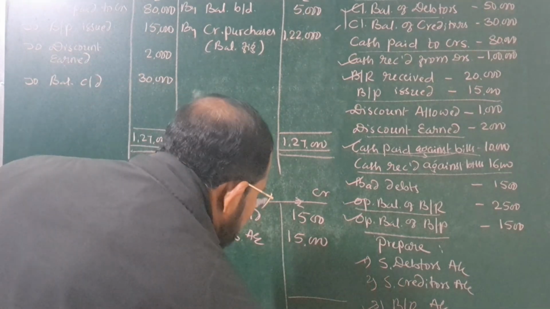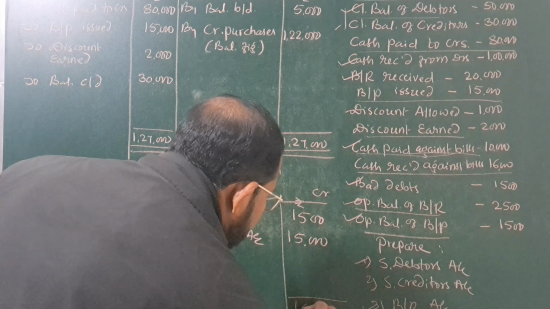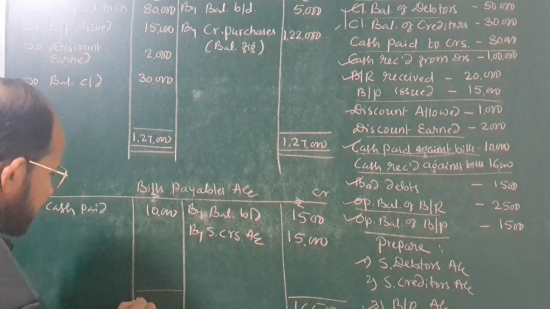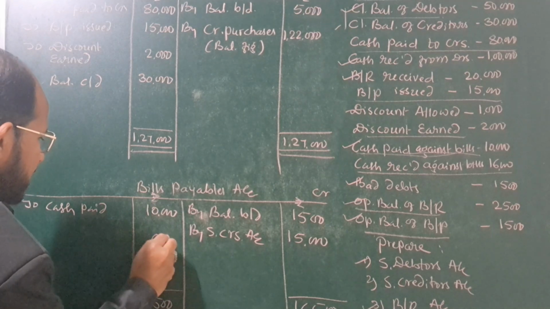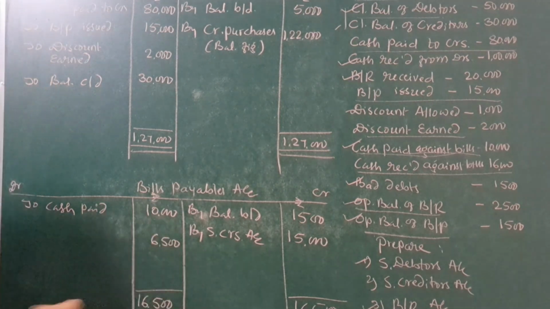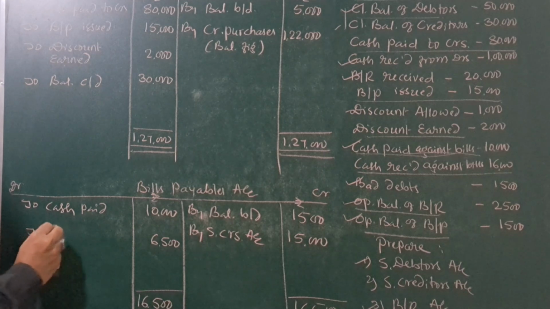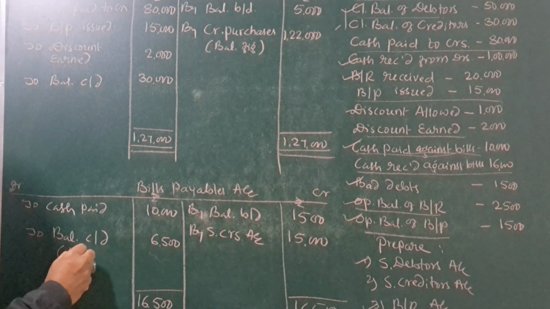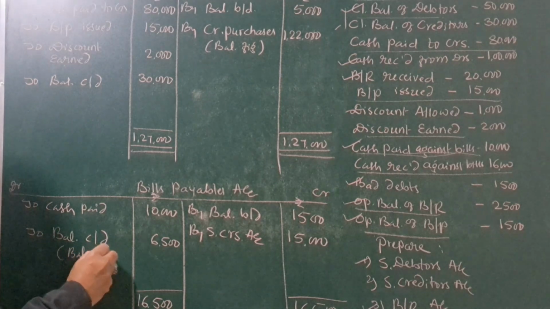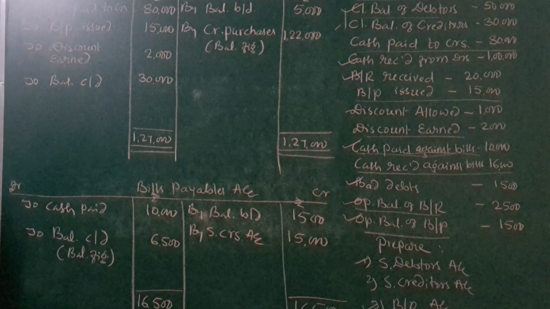Just close the account. Here 16,500. Here also you write rupees 16,500, and the balancing figure is 6,500. This is nothing but the balance carried on, the closing balance of bills payables.